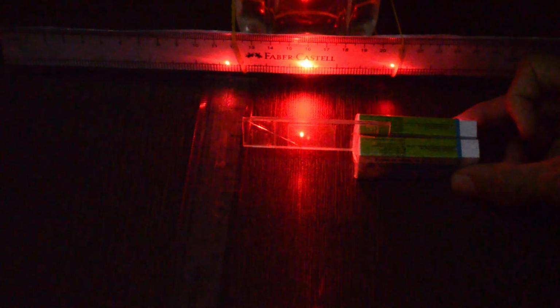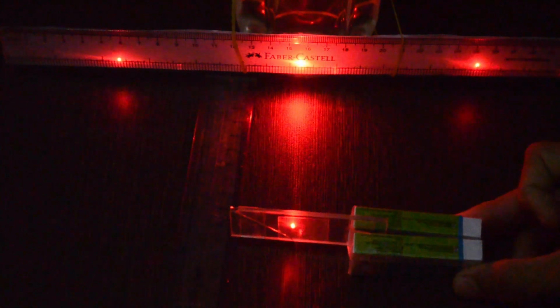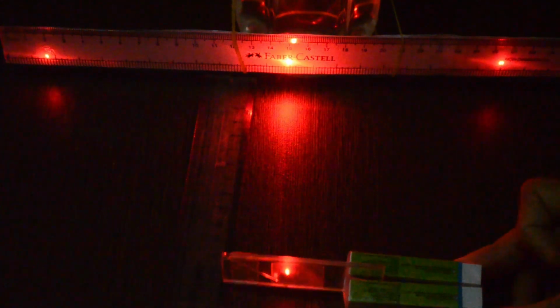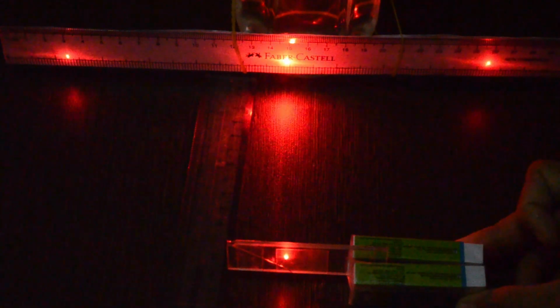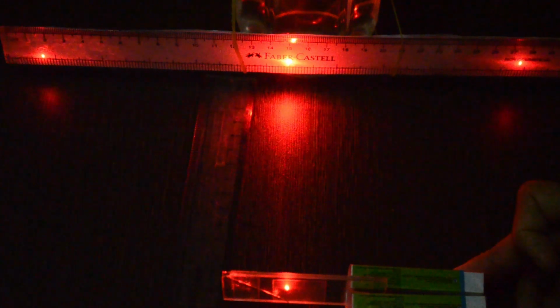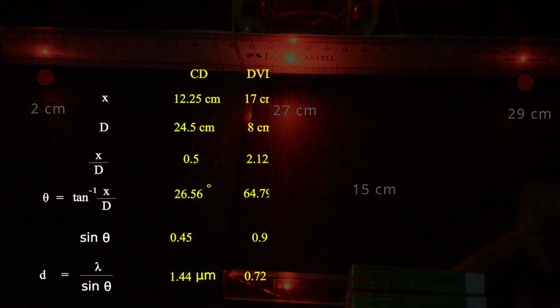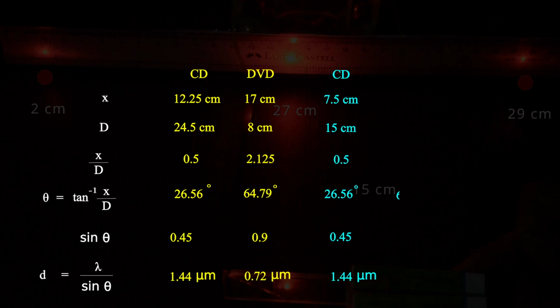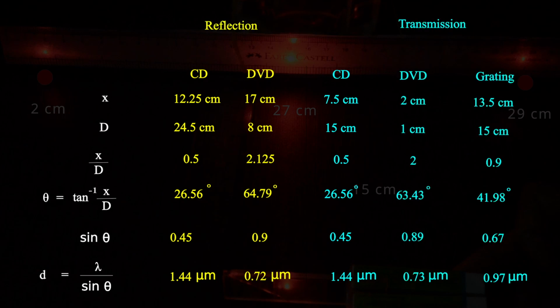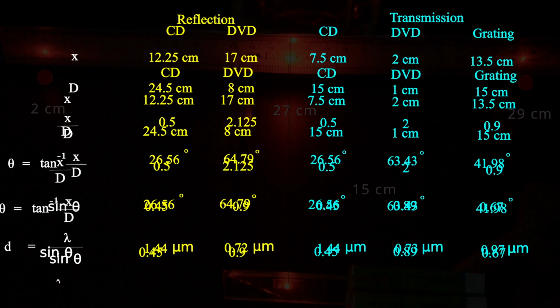The same setup can be tried with a plain diffraction grating as well. Replacing data in the formula gives an identical result for the transmission grating as well.